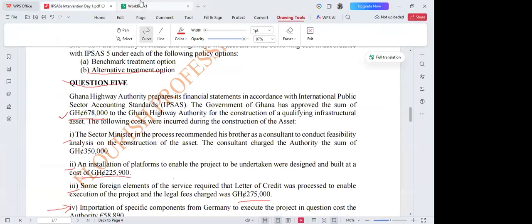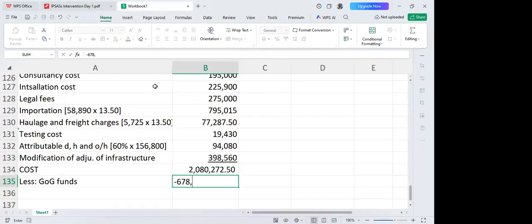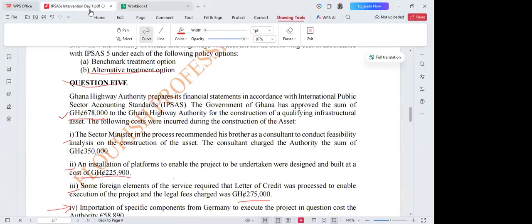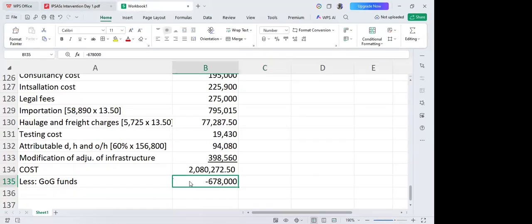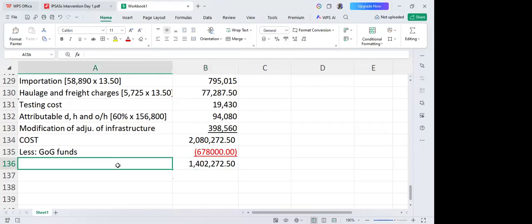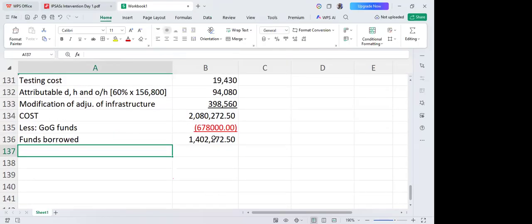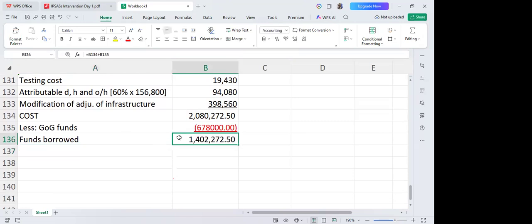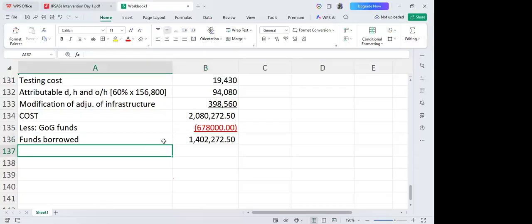Government of Ghana gave us 678,000. Then we realize that in that regard, this becomes the funds we borrowed. Then from this fund we borrowed, we can calculate the borrowing cost.